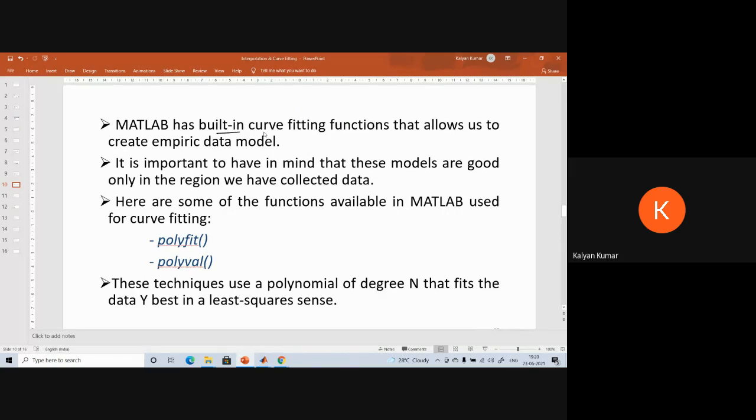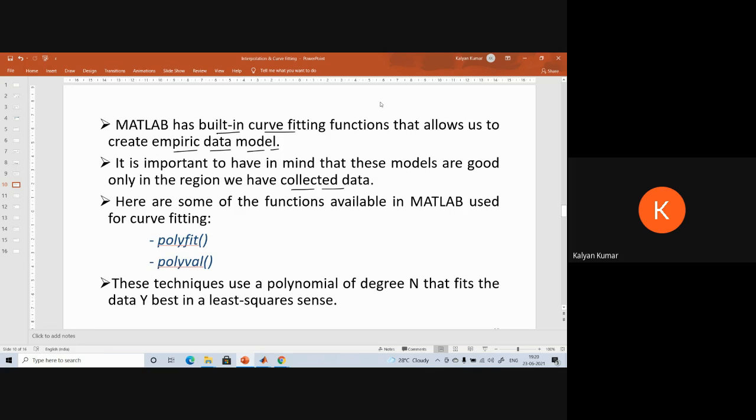The built-in curve fitting functions that exist in MATLAB allow us to create an empirical data model between the y and x values. And the model that MATLAB develops works in a good manner within the region of collected data only.